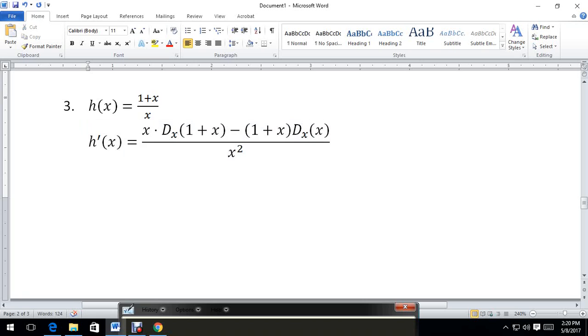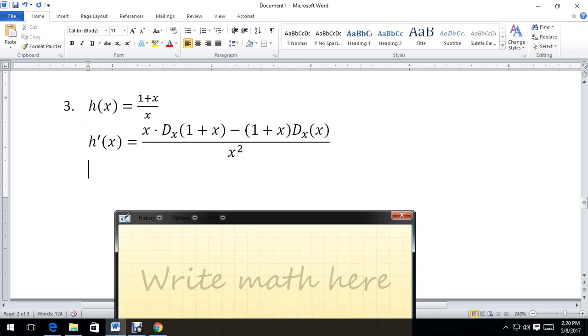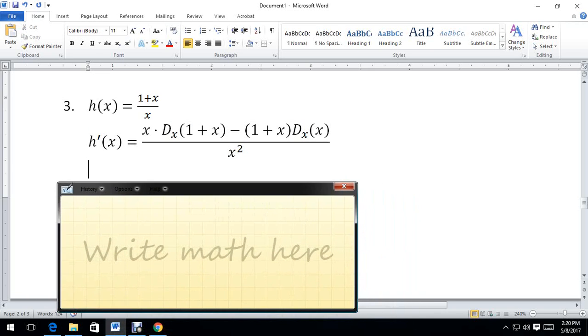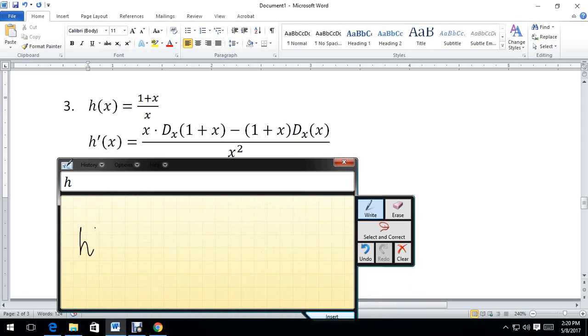Okay, so the next step is to apply the portions in our solution for getting the actual derivative of that form of the function. So again, we have h prime of x is equal to the numerator x times the derivative of 1 plus x.